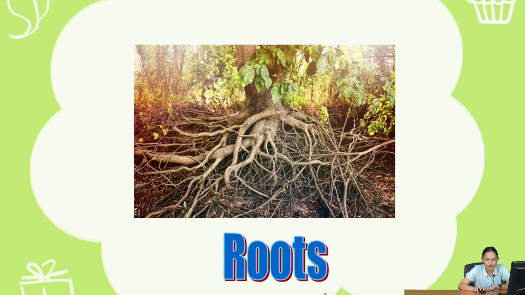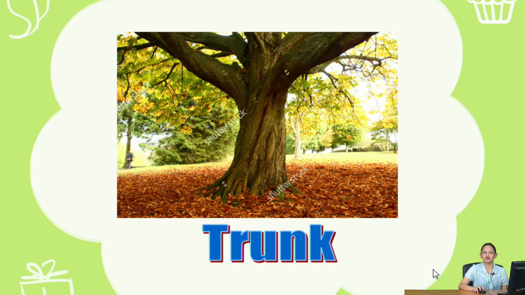Roots. Always say the letter S at the end of the word. Roots. So that is an example of roots. Next part of a tree, of course, is the trunk.